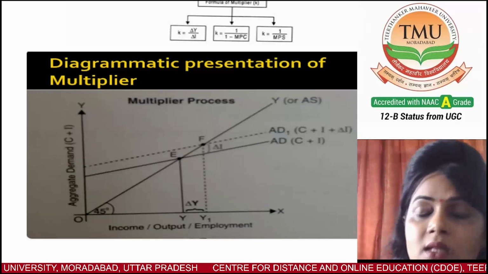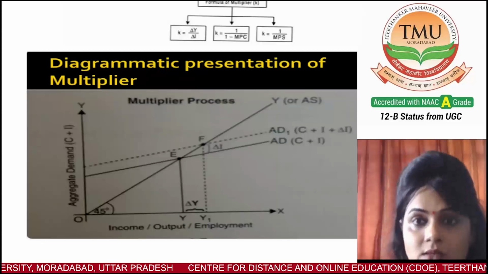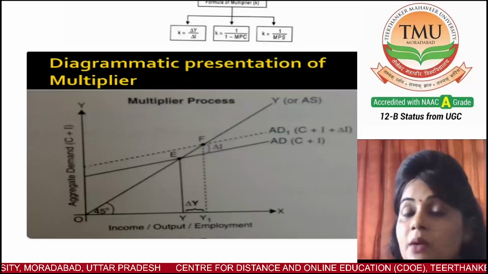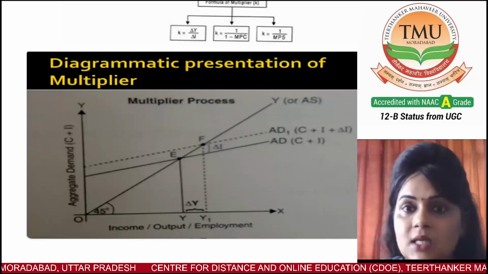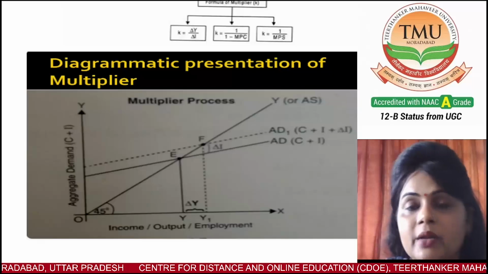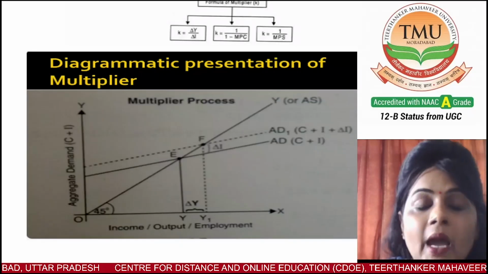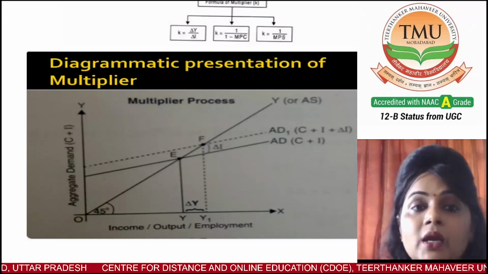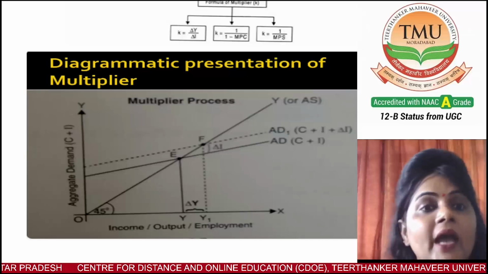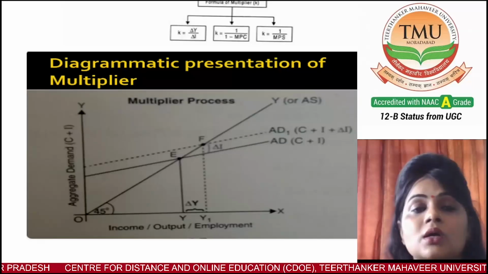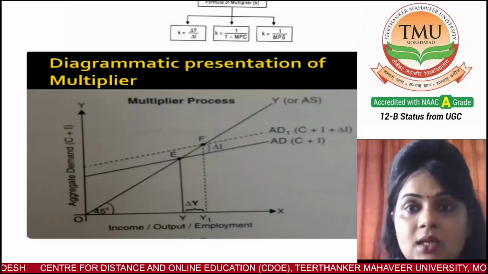It can be seen that when the MPC value is 1, the multiplier has a maximum value of infinity, because MPS is 0 and 1 divided by 0 will be infinite. MPC of 1 shows that the economy has decided to spend the entire increased income and has decided to retain not even a small part of its increased income.